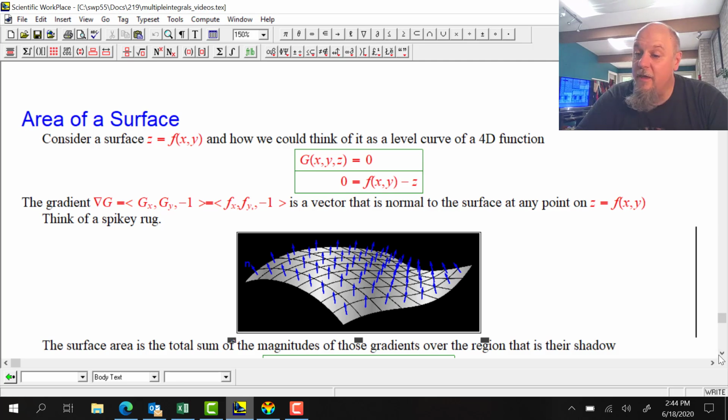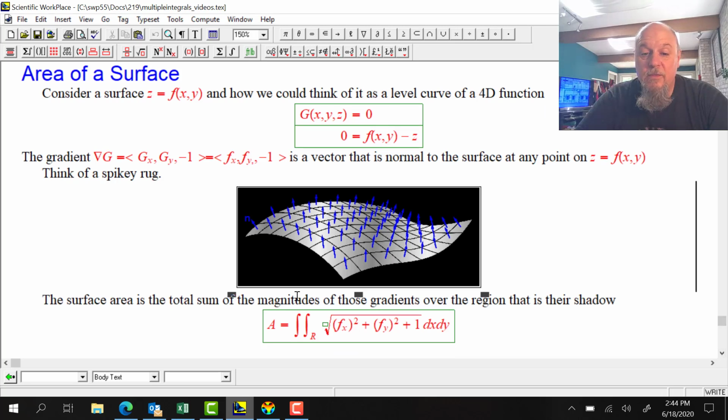So the surface area formula is going to be the sum of the magnitudes of those normal vectors. The magnitude of this normal vector is going to be the first component squared plus the second component squared plus the third component squared, square root of that whole deal.